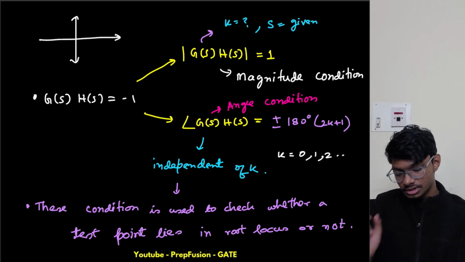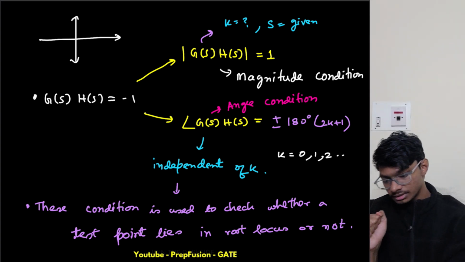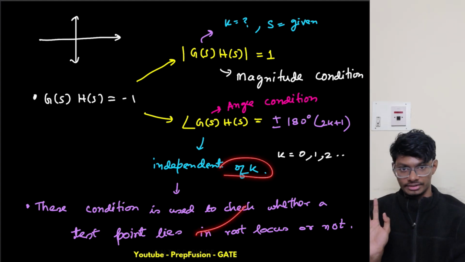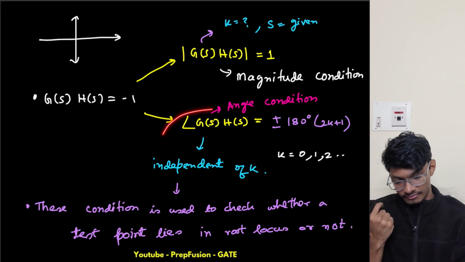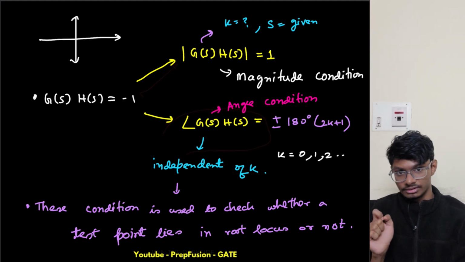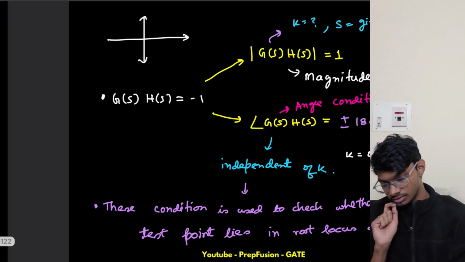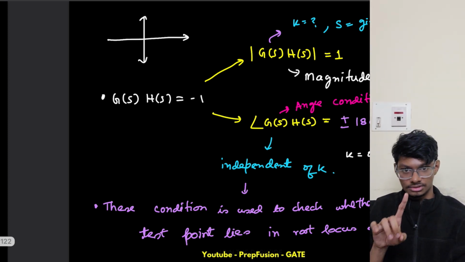This is the basic condition that I was telling you. For any value of k, this can lie over here, this can lie over here, but obviously it has to satisfy this condition also. After satisfying this condition, I will find the value of k here. Okay, my screen lagged. Just hold on a second.